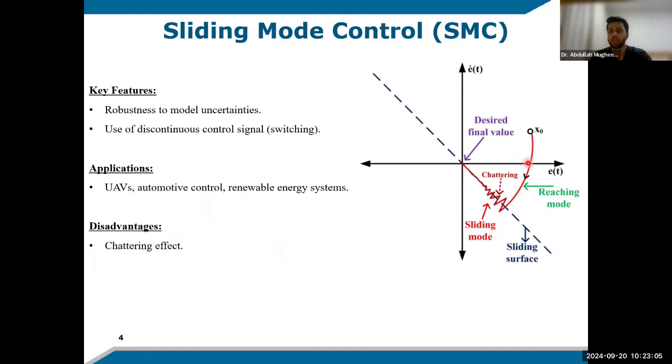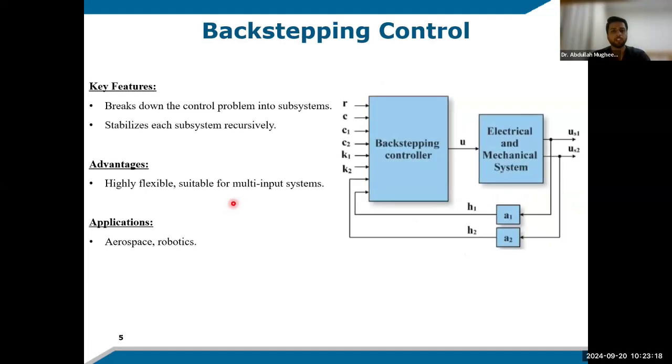So what we wanted was our state to come towards this sliding surface and go to the desired point that we wanted, but it may encounter chattering on the way. Now if we talk about backstepping and the key features that it provides, it breaks down the control problem into subsystems.